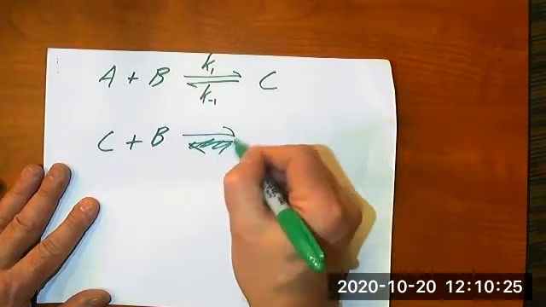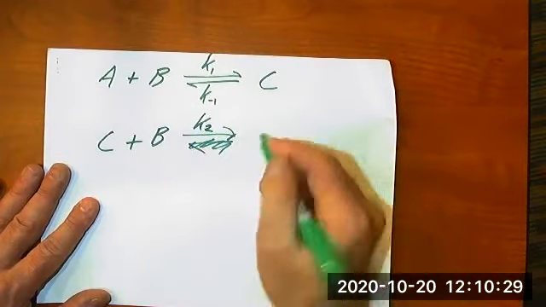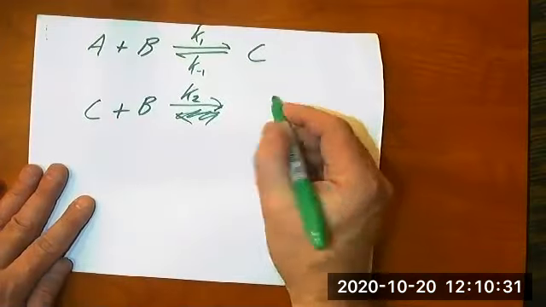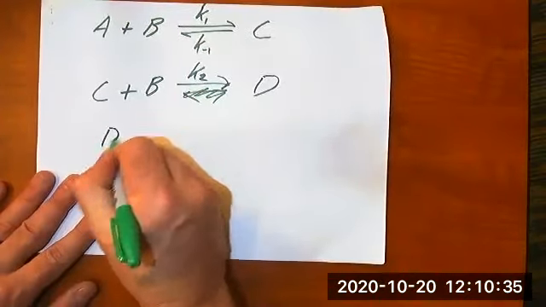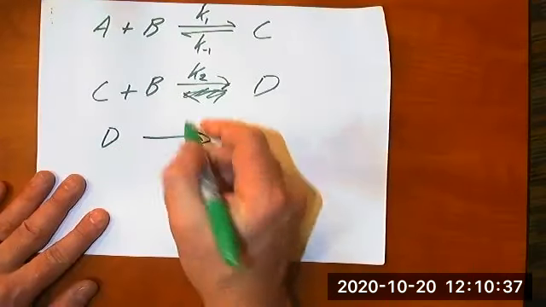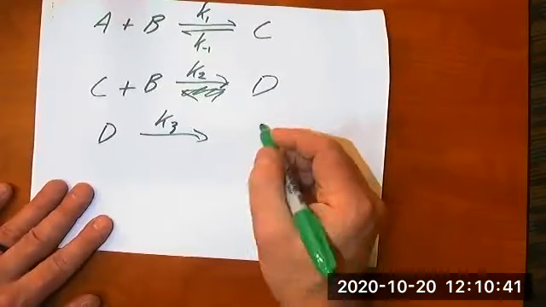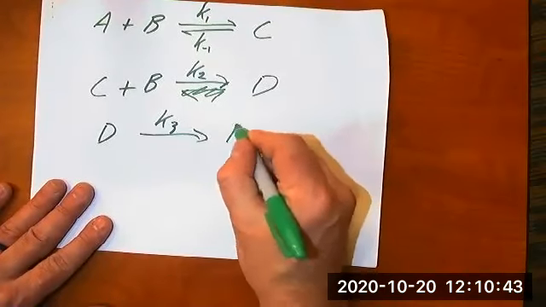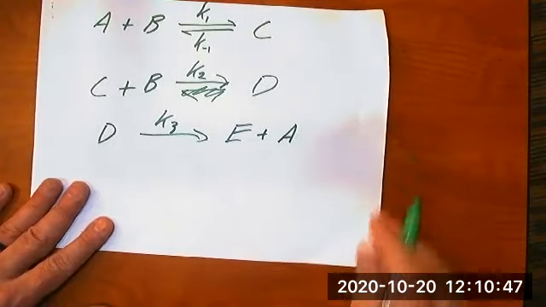No, let's not do this one as an equilibrium. Let's do this as K2. And so this is then going to make D. D will then have a K3 process where it becomes our product E plus A.